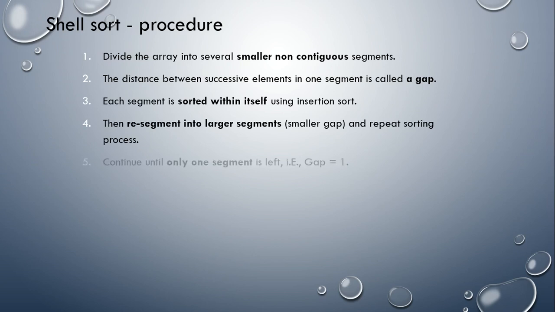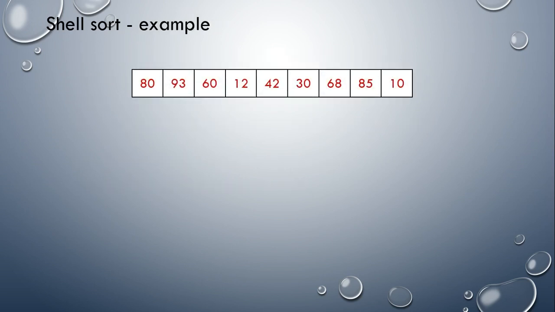We repeat the same process until the gap is equal to 1. The final sorting finishes when the entire array gets sorted. Now we understand shell sort with the help of an example.